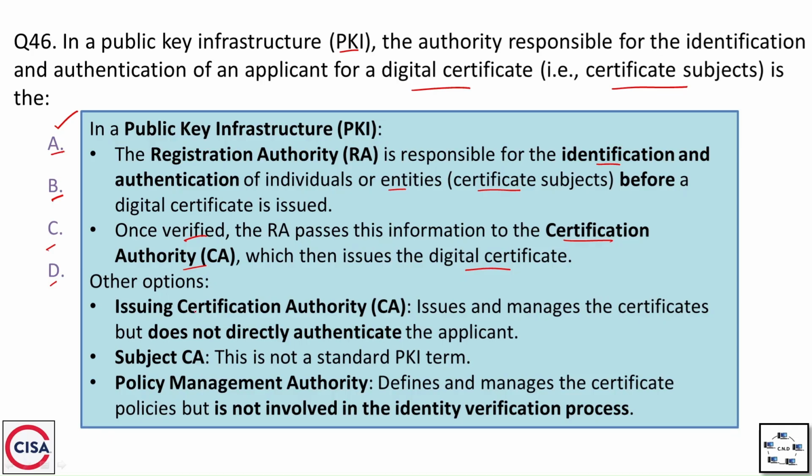Other options: the issuing certification authority issues and manages the certificates but does not directly authenticate the applicant. Subject CA is not a standard PKI term. Policy Management Authority defines and manages the certificate policies but is not involved in the identity verification process.